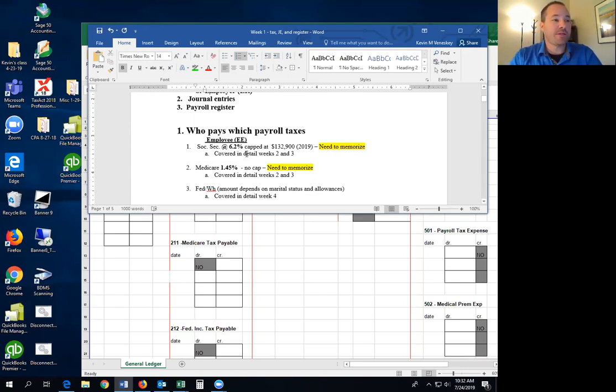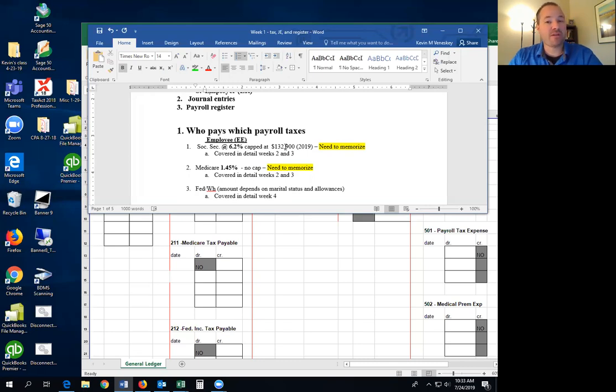Most of us won't, but we still need to know how it works. Social Security is taxed to you at 6.2%. That's kind of a high figure, 6.2%, but that's something you will need to memorize. Social Security is taxed at 6.2%, and for the cap, we're going to use the 2019 cap for this class even into 2020. I do the videos every other year.